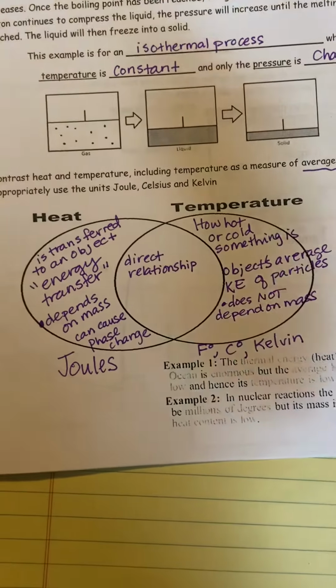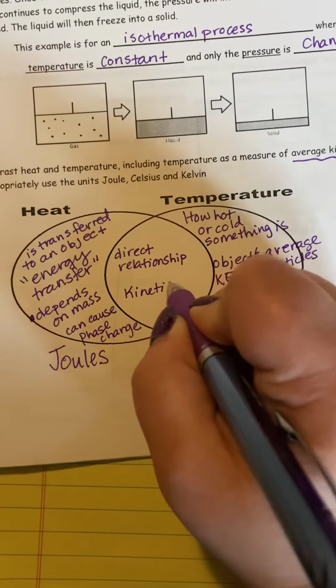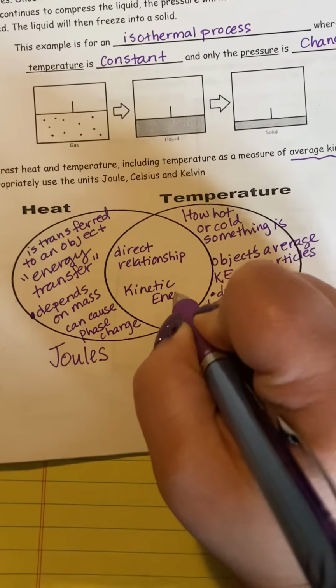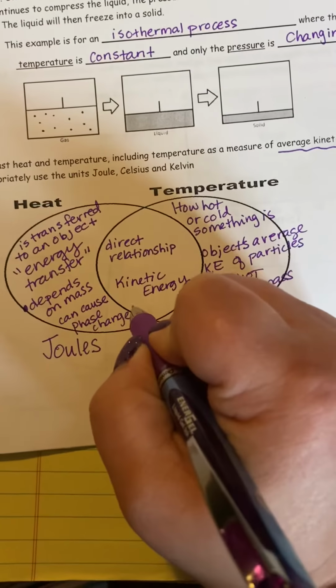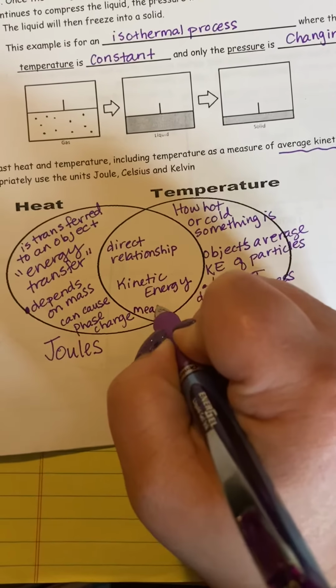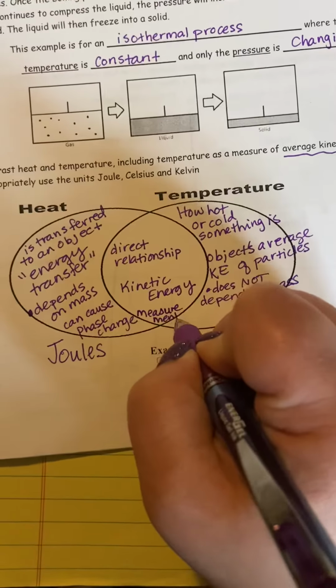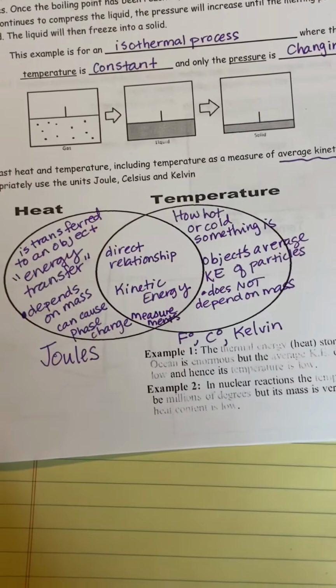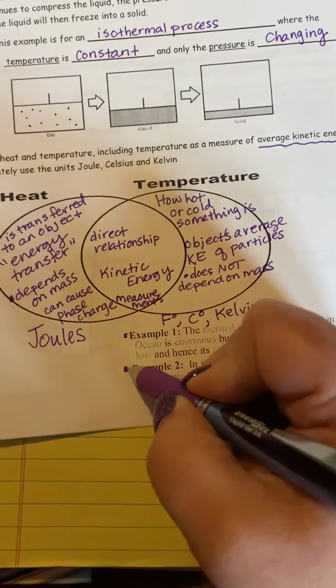I'm talking about direct. And they both have to do with kinetic energy. And they both have ways to measure. Sorry, squeezing that in there. Measurements. All right, and so I want you to go through and read those examples.